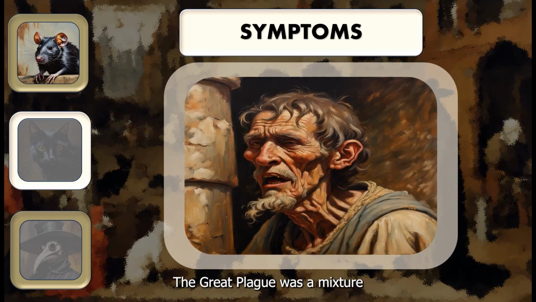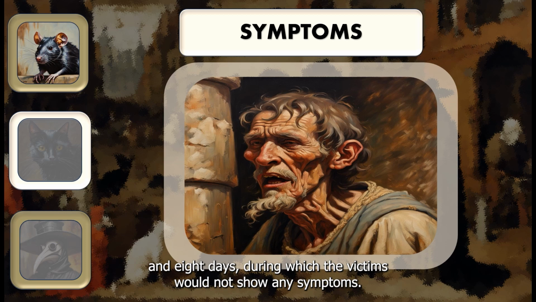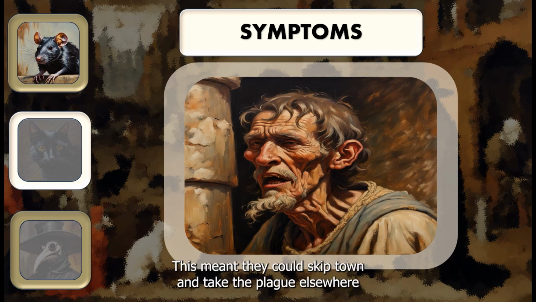The Great Plague was a mixture of both the bubonic and pneumonic plague. The incubation period of the plague was between 2 and 8 days, during which the victims would not show any symptoms. This meant they could skip town and take the plague elsewhere before the authorities could force them into quarantine.